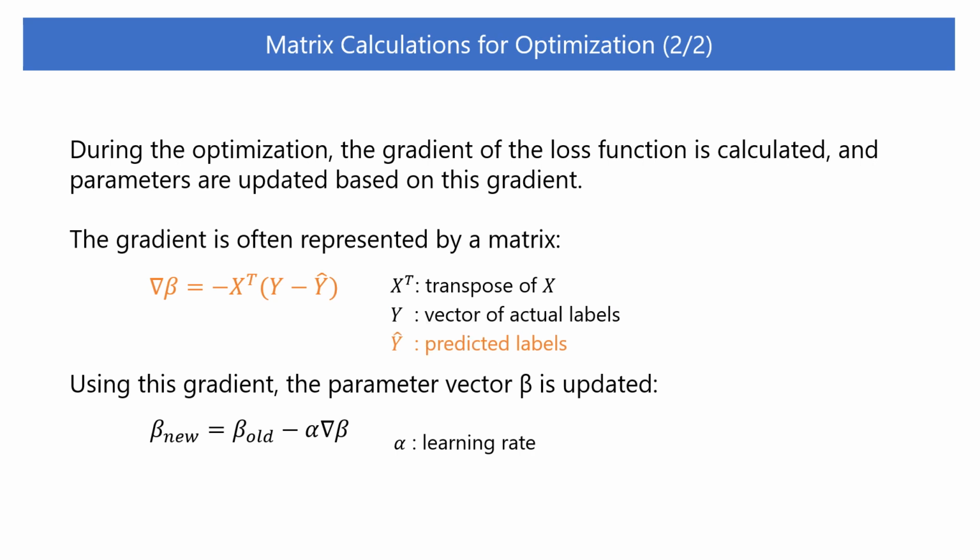Y hat is the vector of predicted values. Using this gradient, the parameter vector beta is updated by this equation, where alpha is the learning rate. In this way, matrix computation plays a central role in the optimization of a multiple logistic regression model. It allows for efficient handling of models with large amounts of data and numerous features.